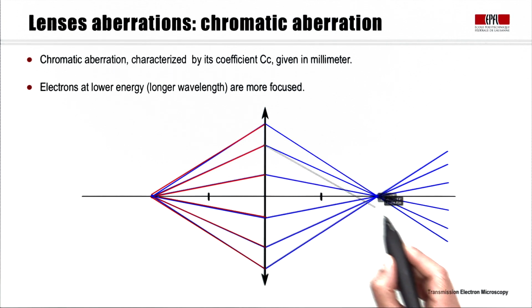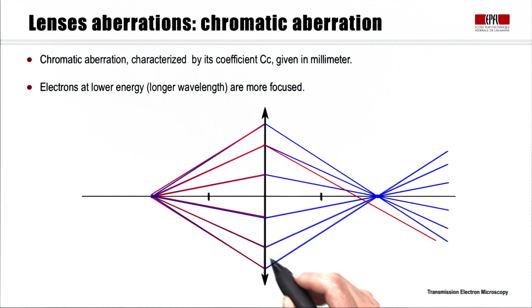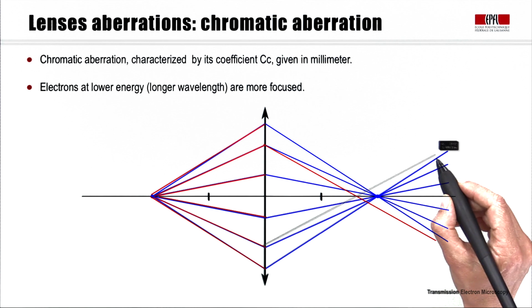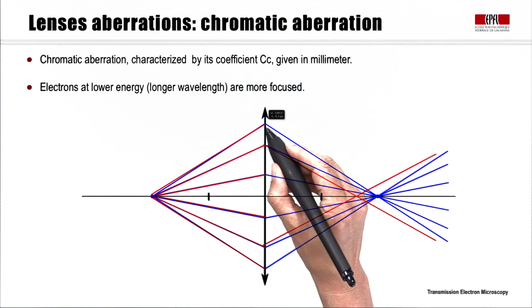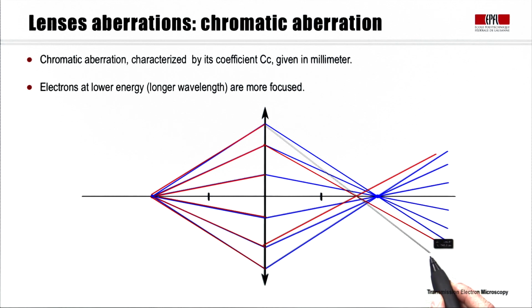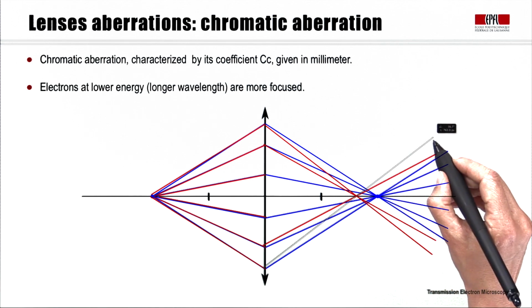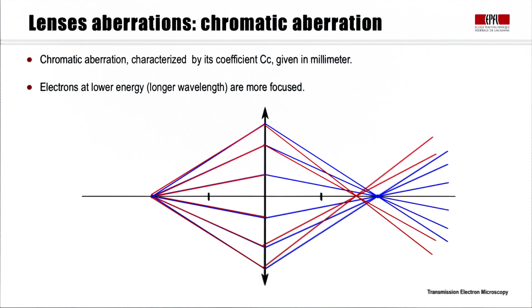So those one will see like a stronger lens, and same for the one which are there, and the one which are at that point will also see a stronger lens. Again, I neglect the spherical aberration, which means that still my point object gives me a point image.